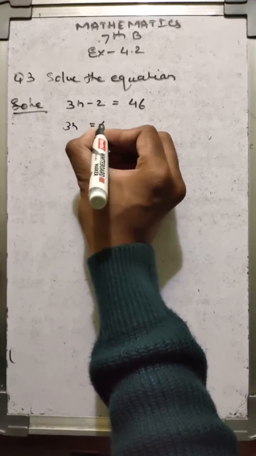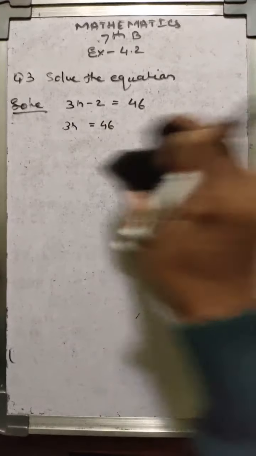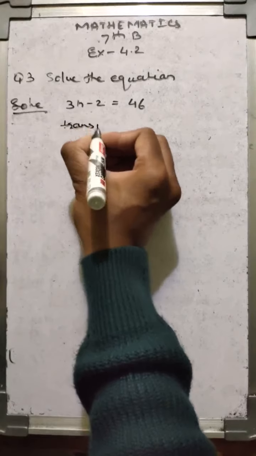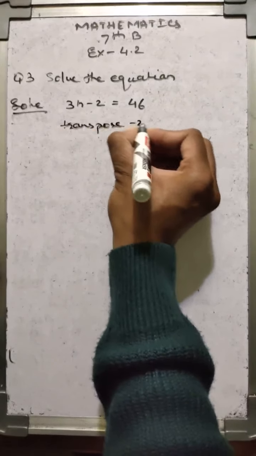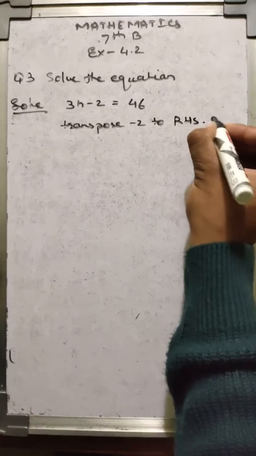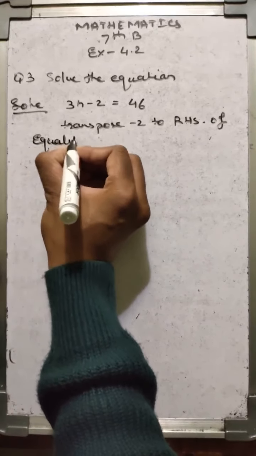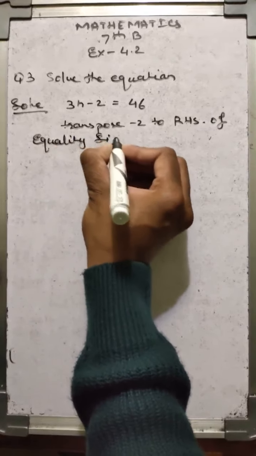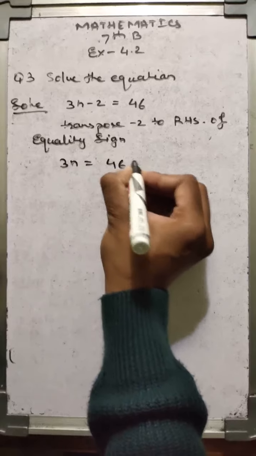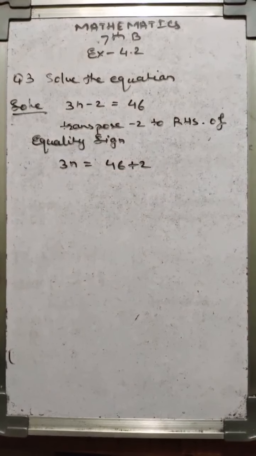So first I write 46 here and I transpose this minus 2 to the right hand side of the equality sign. So this 3n will become 46 plus 2. Minus 2 will become plus 2.